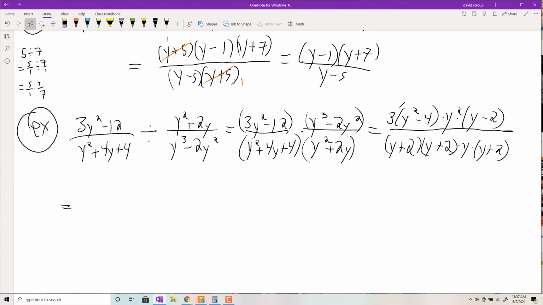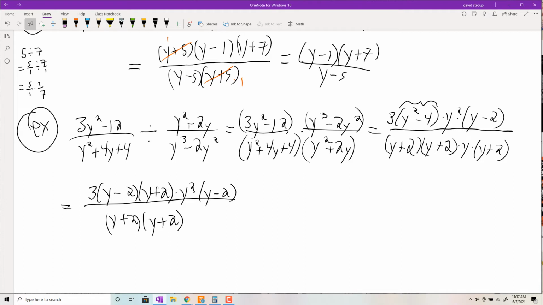We have a difference of squares right here, so I need to factor that still. So I have 3 times y minus 2 times y plus 2 times this y squared times y minus 2, all over y plus 2 times y plus 2.